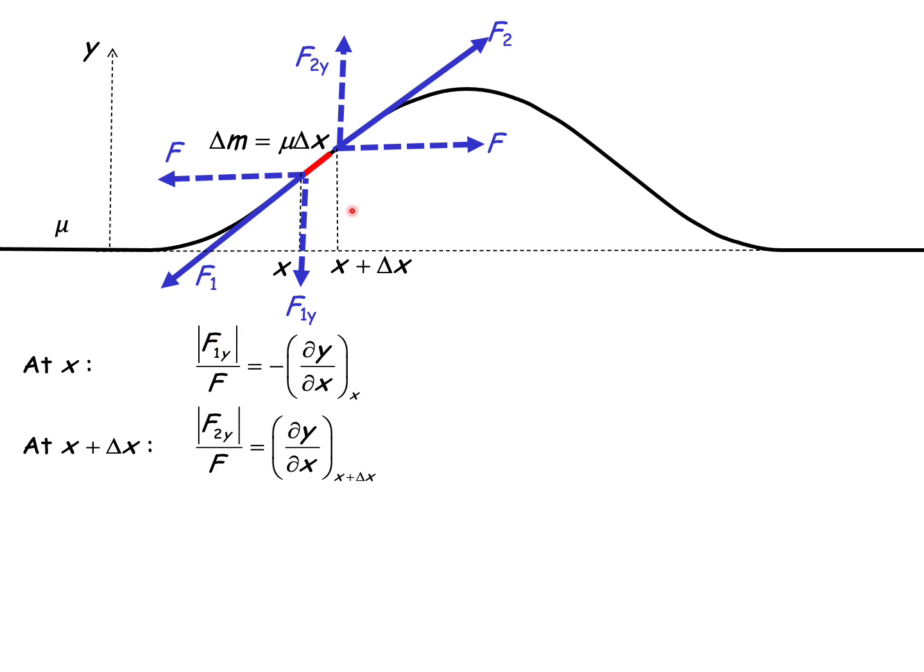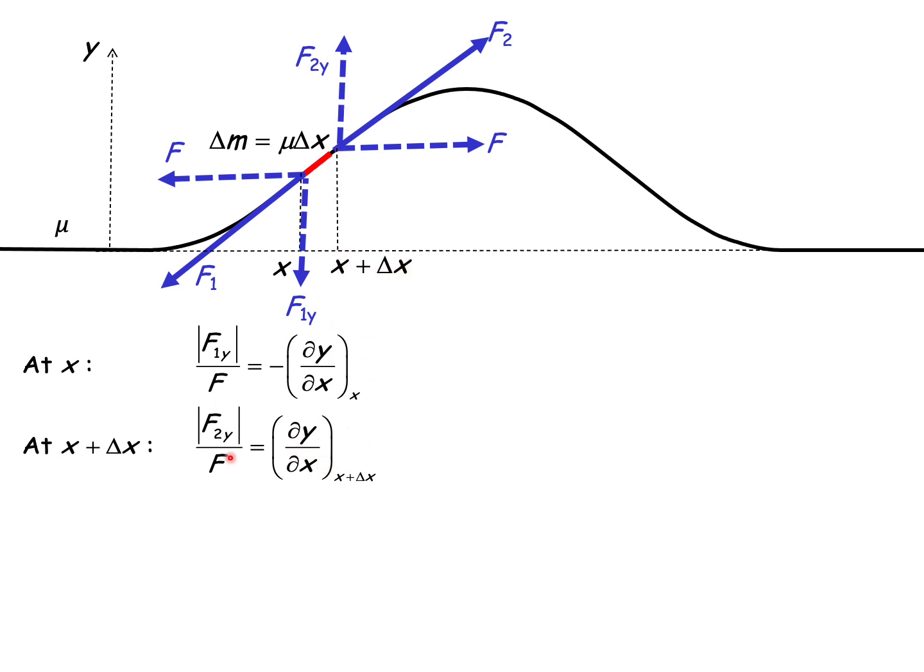The y component of F1, the force applied here, divided by the total tension of the string, is equal to the derivative of y with respect to x evaluated at point x. So this is the slope. And then F2 of y, the y component at point 2, divided by F is equal to del y del x, the instantaneous slope here, evaluated at x plus delta x.